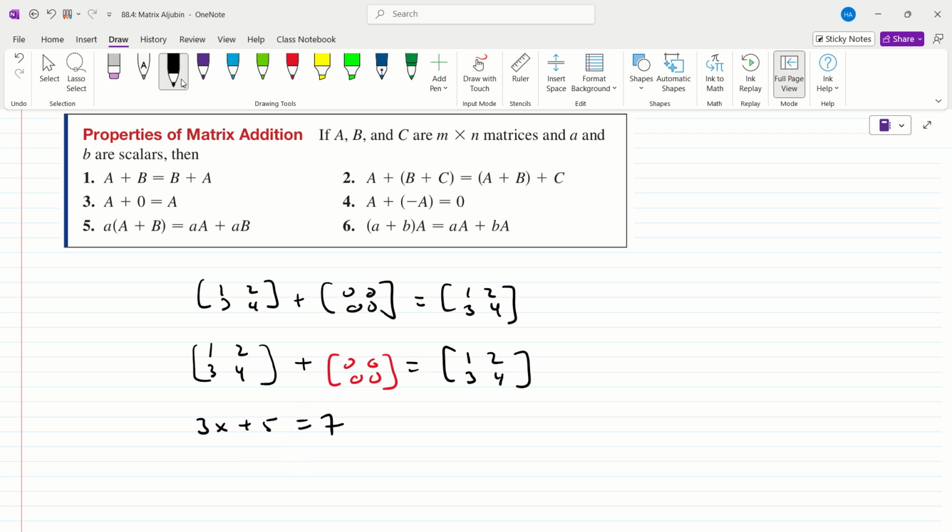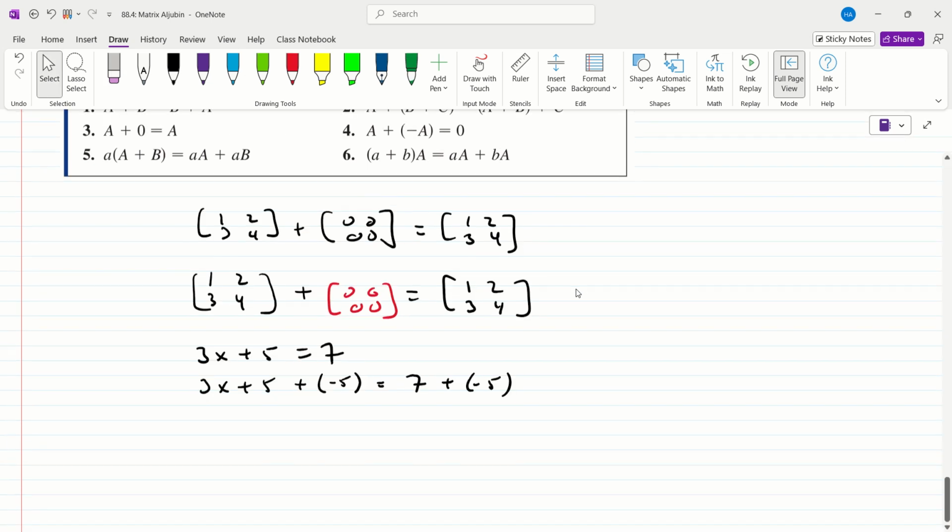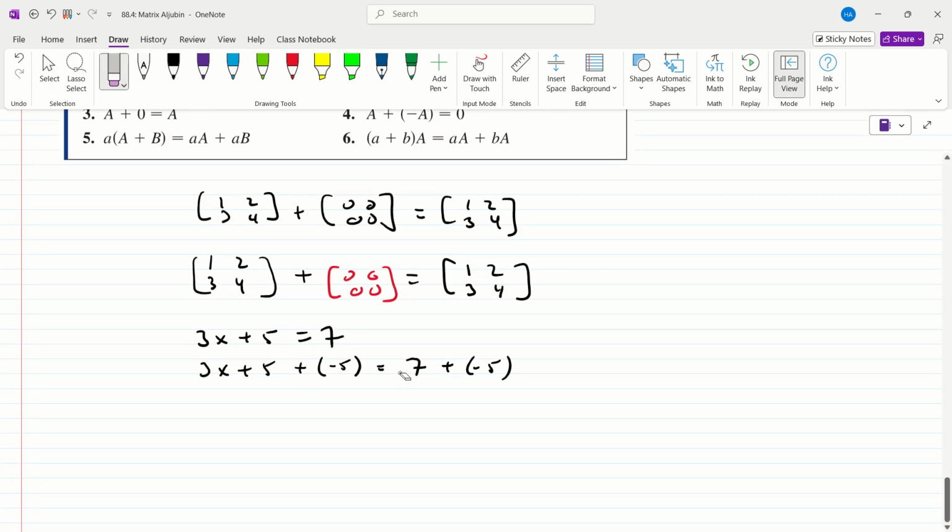So you could take both sides of this equation and add negative 5 to it, because you have this property of real numbers that 5 plus negative 5, those guys are additive inverses of each other, and you would get 0. And then 7 minus 5, that's a 2.